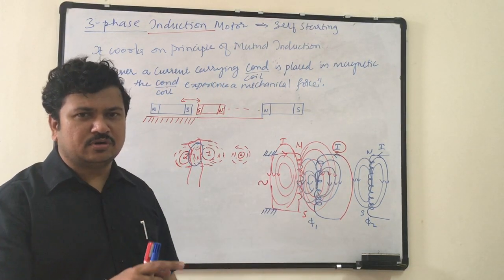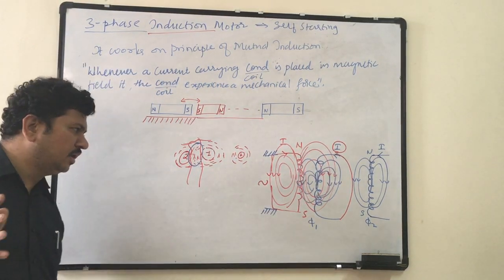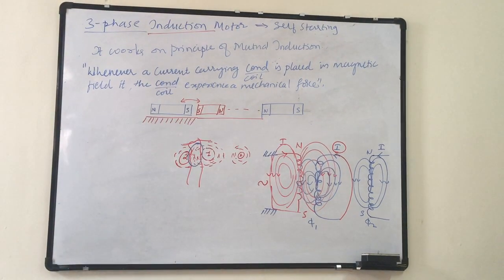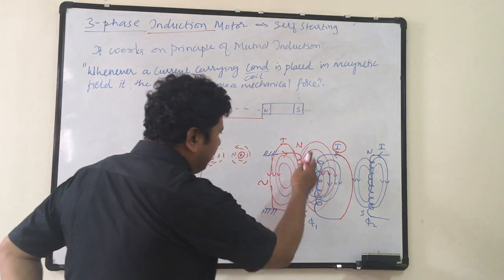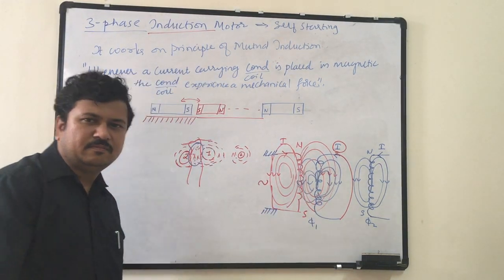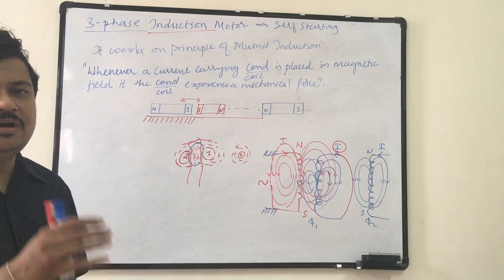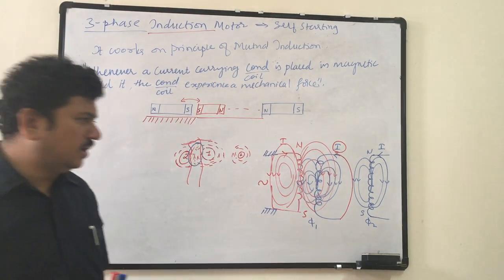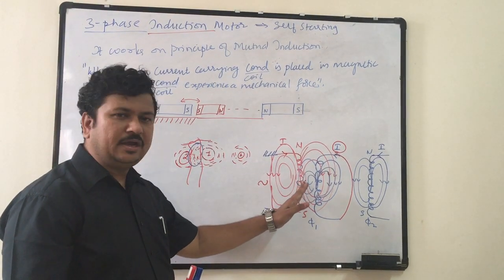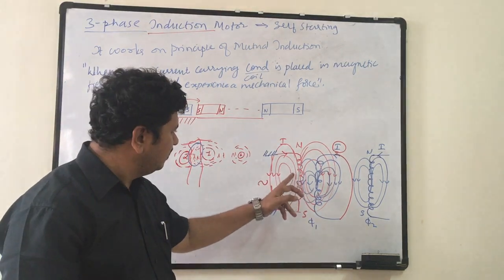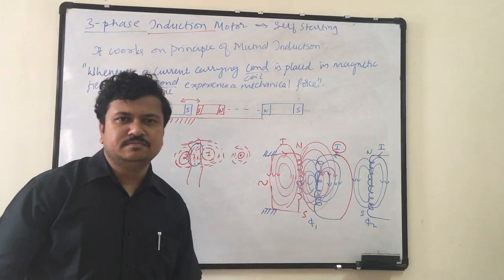But it was through core, and there I did not want any rotating of the second coil or moving of the second coil. Now what I do, I will not put any core for the induction motor because I want rotation, I want movement. Okay, so therefore I will create an air gap between one coil and the second coil.